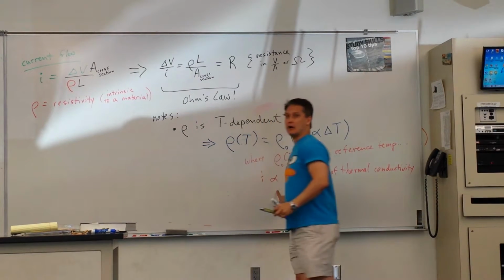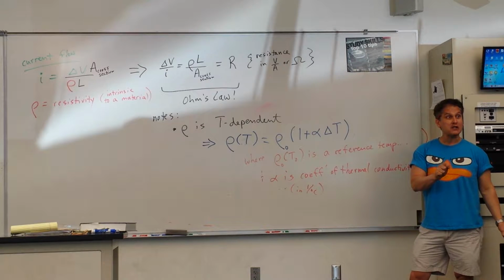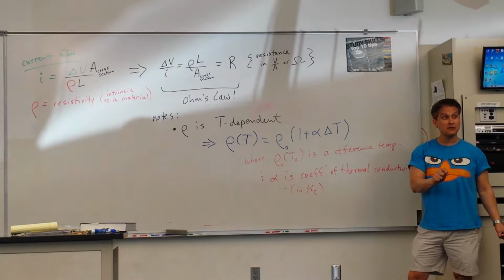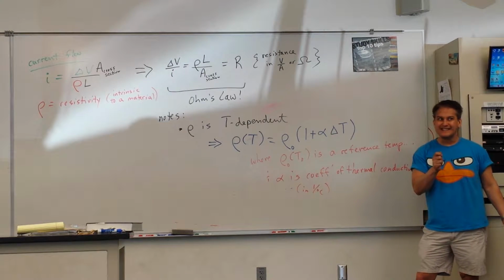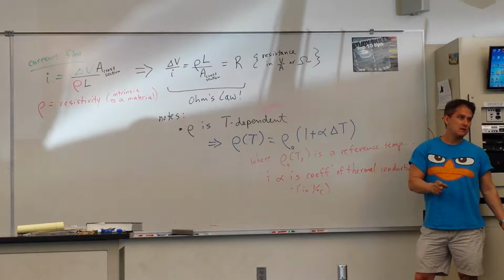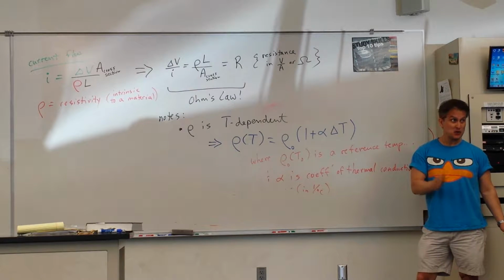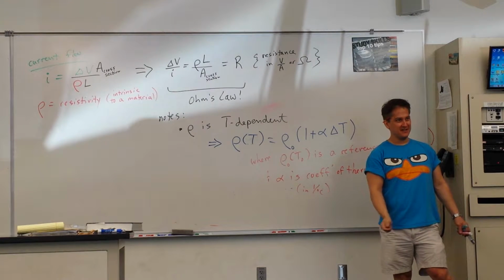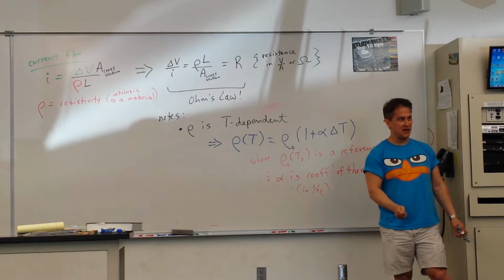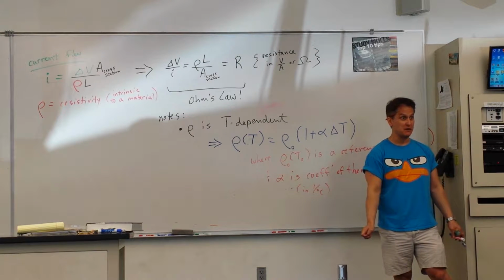A couple other things about alpha. Alpha is positive for conducting materials, metals, for instance, highly conductive materials. And it's a negative number for semiconducting, and more in particular, non-conducting, insulating materials. There's no such thing as a non-conductor. The question is, how much potential difference and how much energy and force is necessary to physically push an electron off of something.